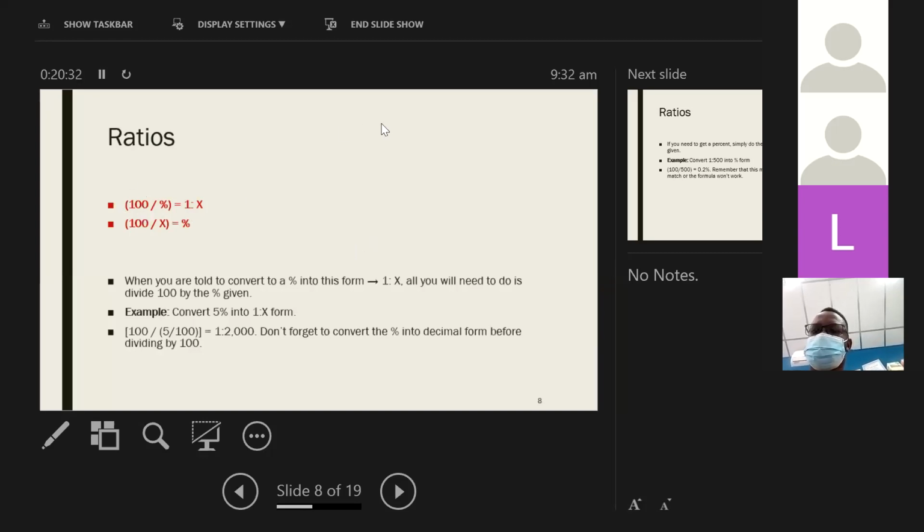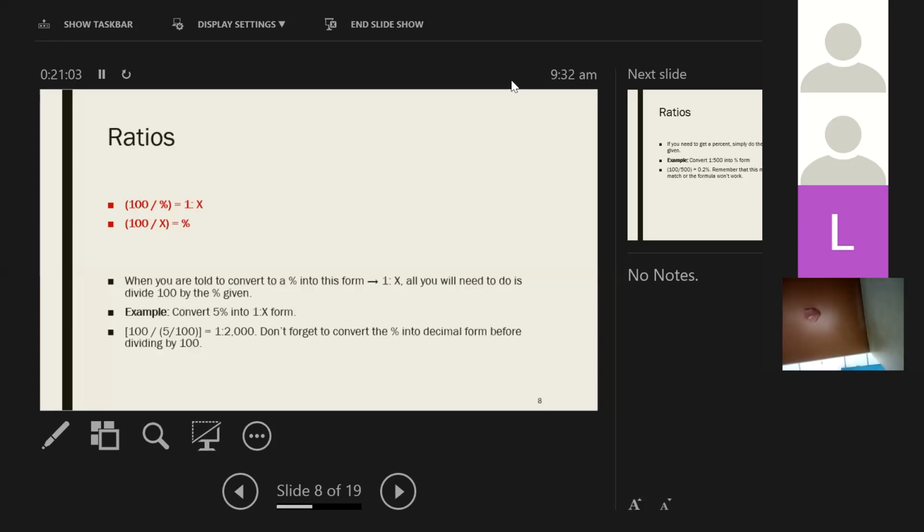Have you written it that way? Take your 100 divided by 20% equals 1 over x.